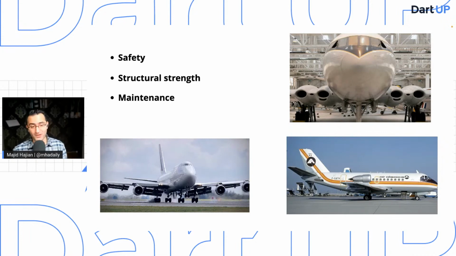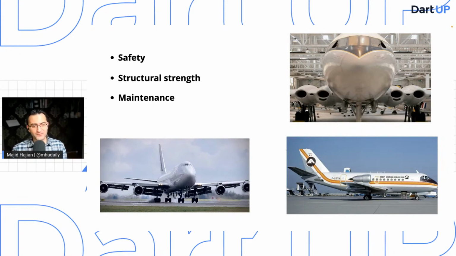Well, there are many of them. I'm not an expert in aviation by any means, but I can at least read and understand some of them. One of them was safety. I understood that in many aircraft, the fuel tank is in the wings, apparently, and somewhere else that is also connected to the wings.